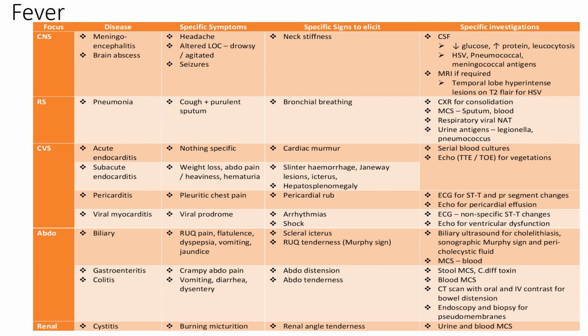Some patients can present with primary valvular infections, especially if the valve is deformed or prosthetic or something. Now, acute endocarditis, in my opinion, apart from a fever, I don't think it has any specific symptoms, but you have to look for a cardiac murmur for both of these things.